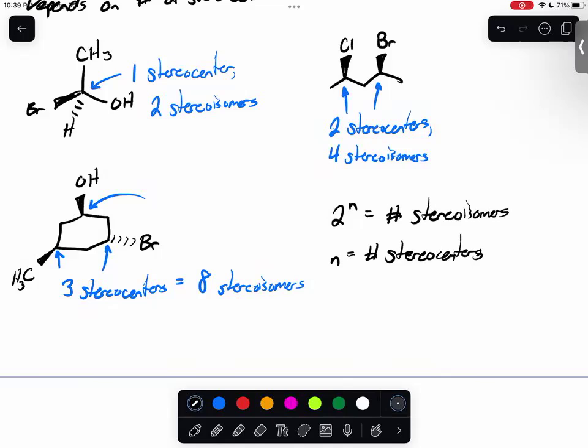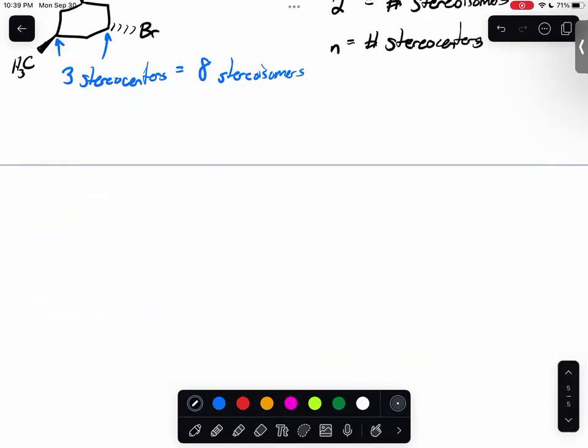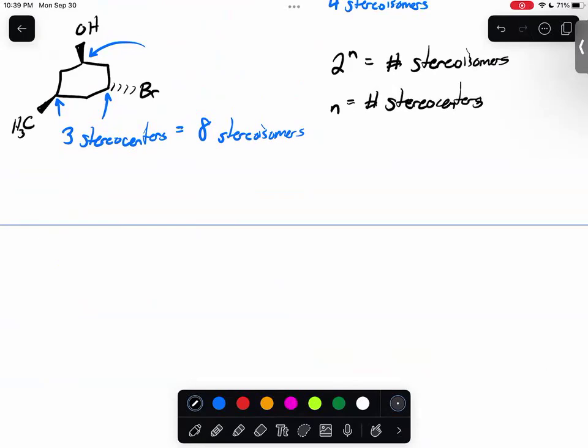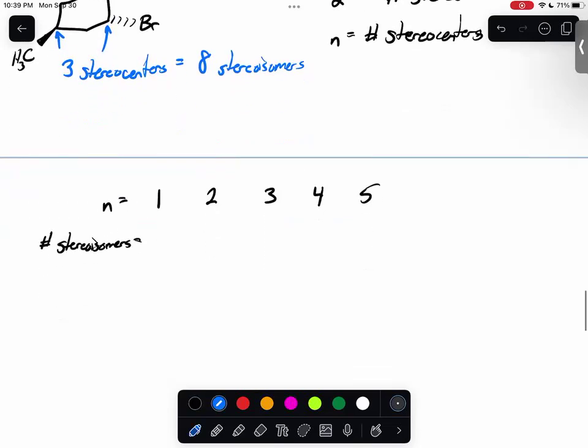So when we look at this idea of stereoisomers to stereocenters, if n is increasing, so we have one, two, three, four, five, let's take it out to five, then our number of stereoisomers is also going to be increasing. Doing the calculation here, 2 to the 1 equals 2, 2 squared equals 4, so on and so forth until you reach 2 to the 5th, which, if you do the math, should be 32.